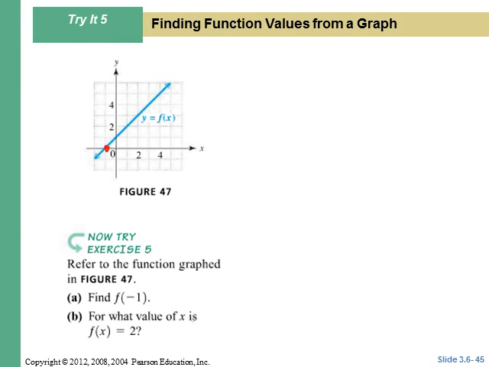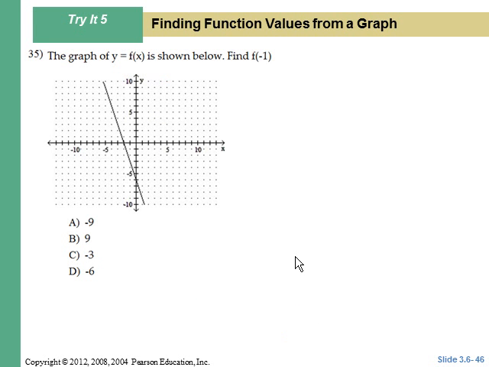F of negative 1 is 0. Is f of x 2? Looks like it's 2 here at 1. F of 1 is 2. Next one. F of negative 1 looks to be about negative 3.